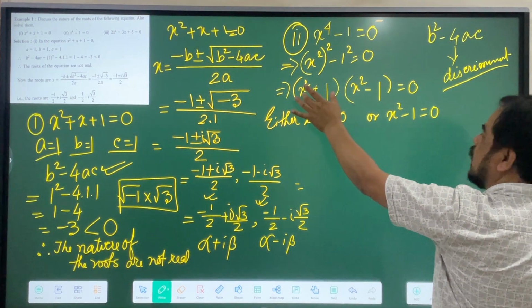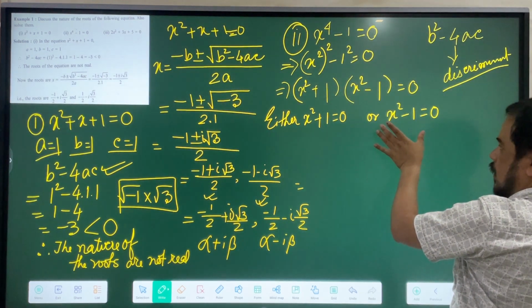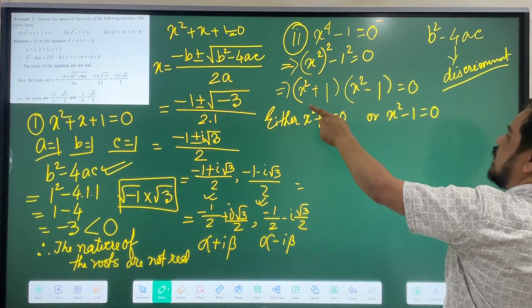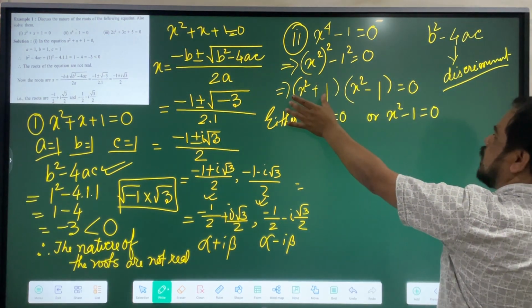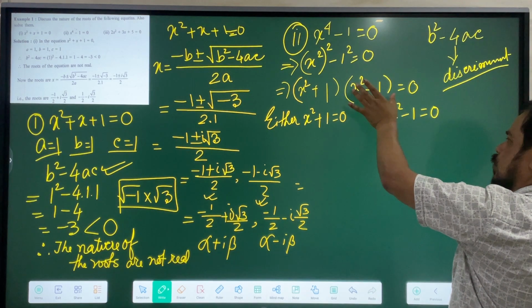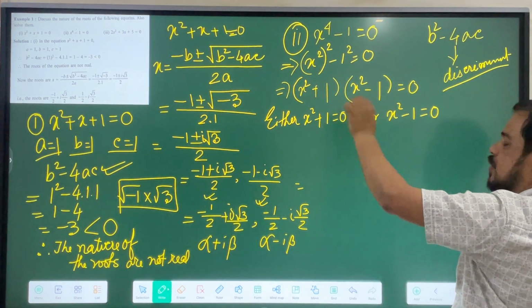When either this one is 0 or this one is 0. That sentence only we have written here. Let me tell you again. Multiplication of 2 numbers, when can we get 0? Either this one should be 0 or this one should be 0. One must be 0, because 0 into anything is 0.